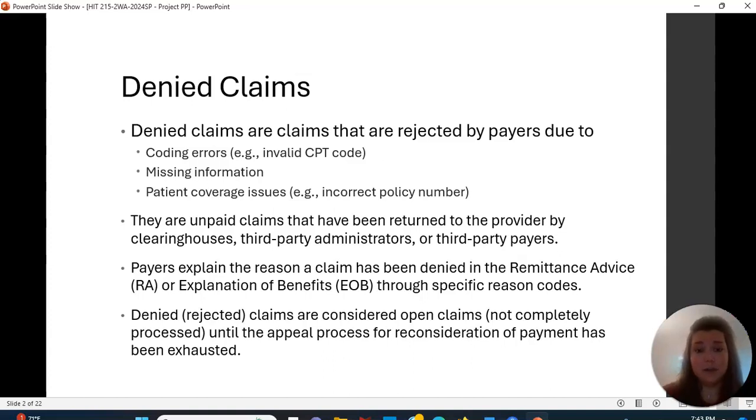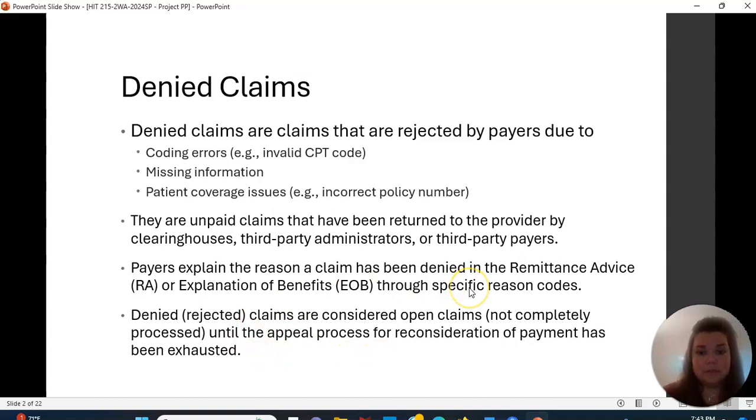This goes to the provider. And then they'll also send out an explanation of benefits to the patient or the policyholder. On these two forms, just the remittance advice will have the specific reason codes, and we'll talk more about that later on in the presentation.